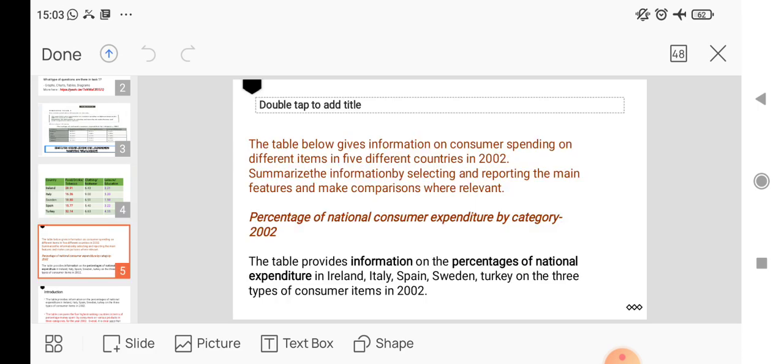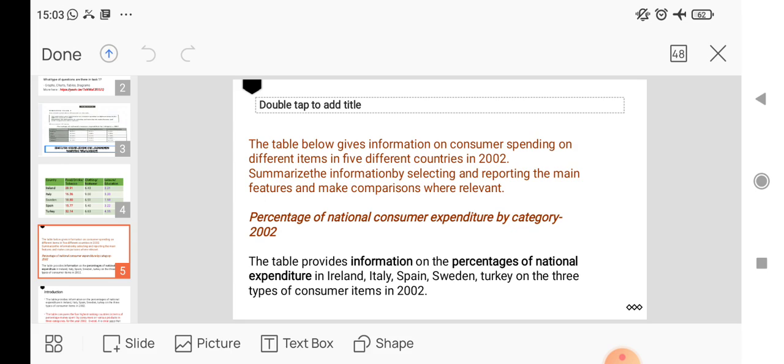Now, the question here again says that the table gives information on consumer spending. You are to summarize the information by selecting and reporting the main features and make comparisons where necessary. I always give my students this work plan for their task 1. So in the introductory part, you want to introduce the whole essence of the question, to introduce what you are going to be describing to the examiner.